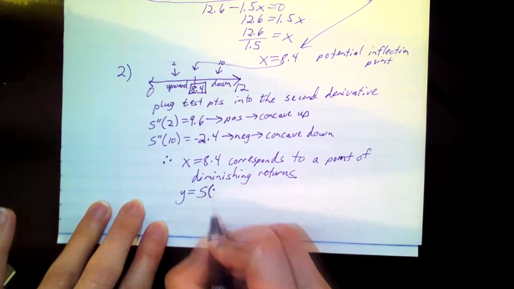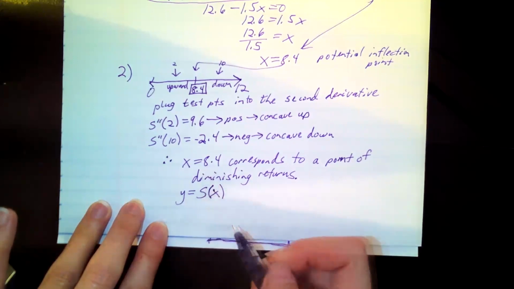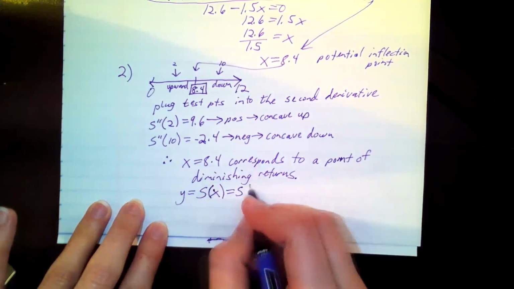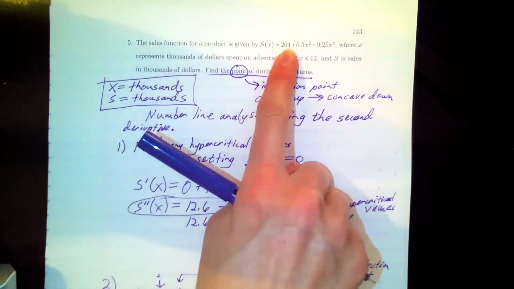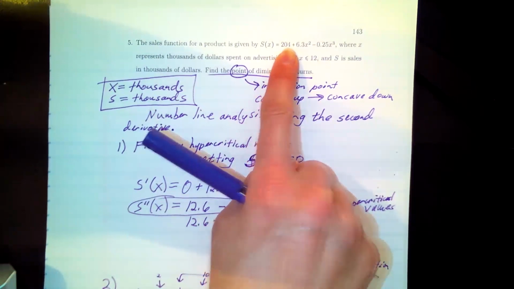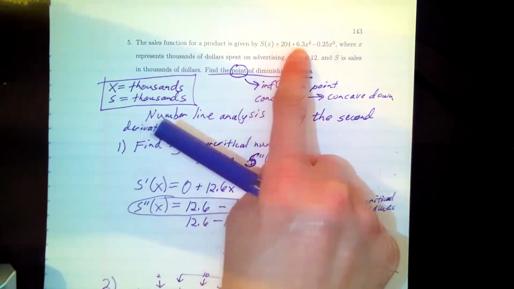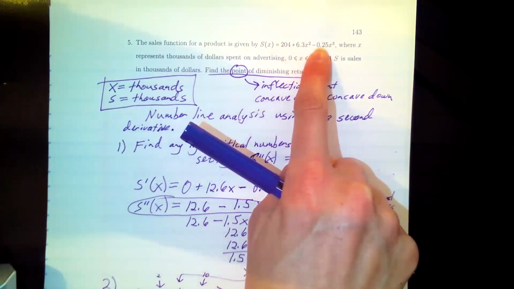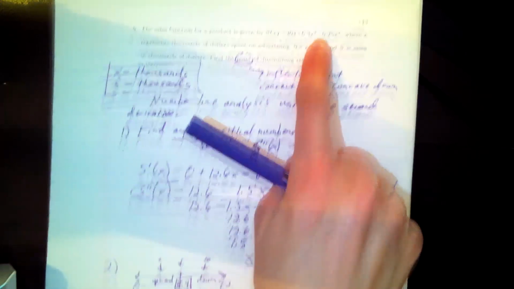So if I'm going to find the point, I need to plug 8.4 back into the sales function all the way up here. Now, if you take 8.4 and plug it into your original function, s, up here, you get 500.35. So I take x equal 8.4 and plug it in here.